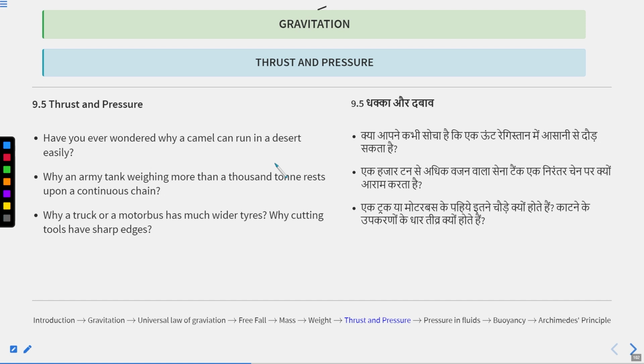These questions we are going to answer in the second part of this chapter. The first topic of the second part is thrust and pressure.